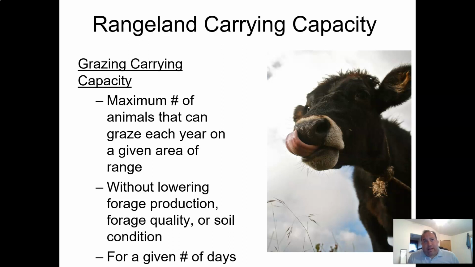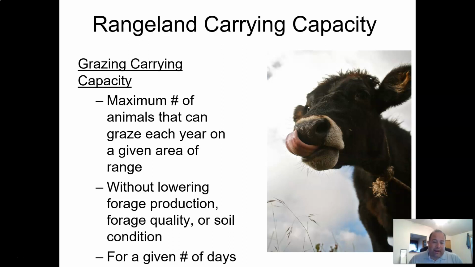So how do we really measure rangeland productivity? One of the ways we'll look at it is in terms of a term called grazing carrying capacity. Grazing carrying capacity is the maximum number of animals that can graze each year on a given area without lowering the production, quality, or soil condition for a given number of days.